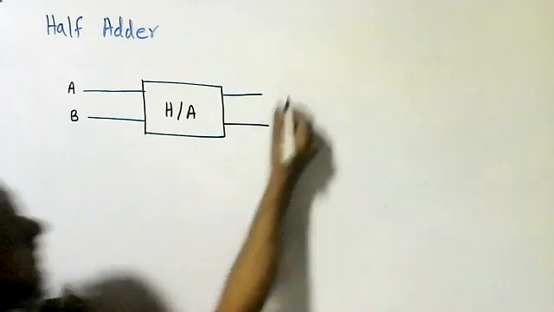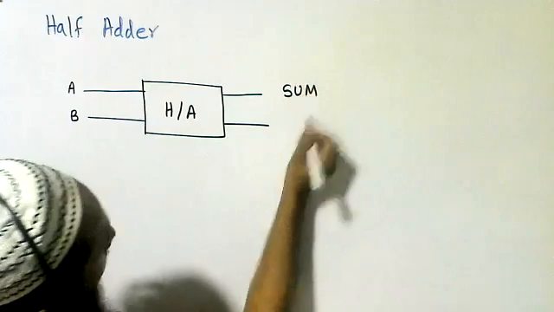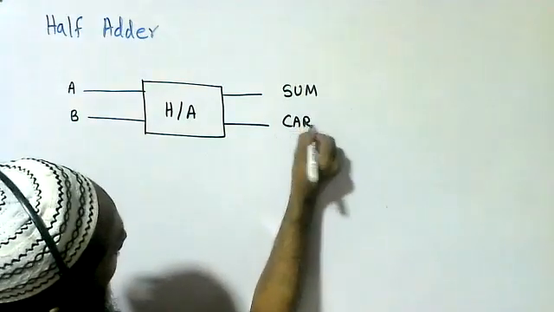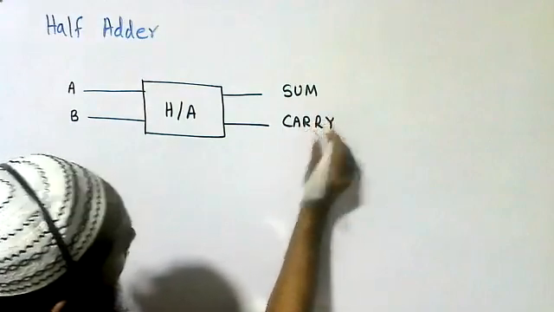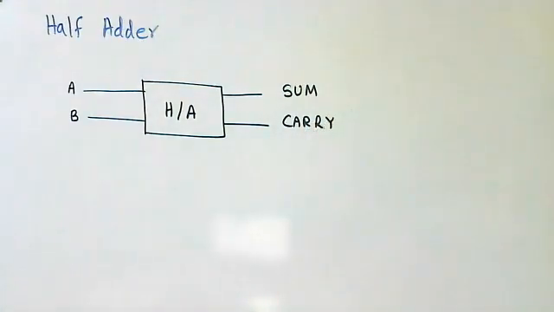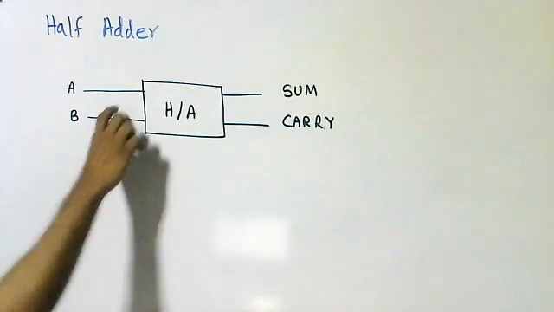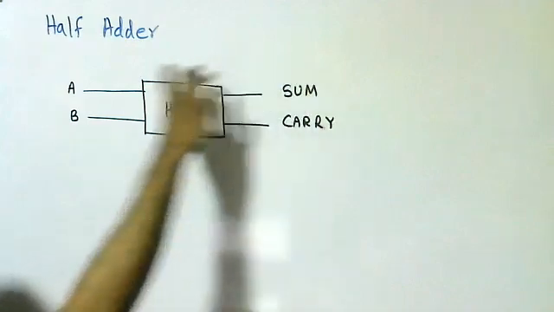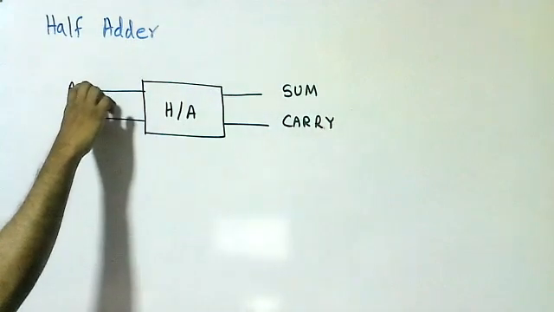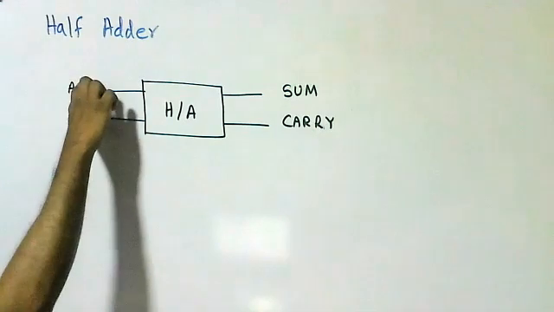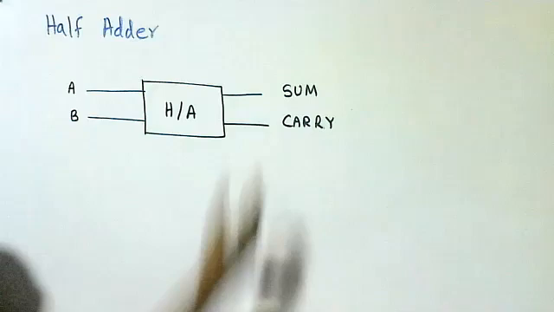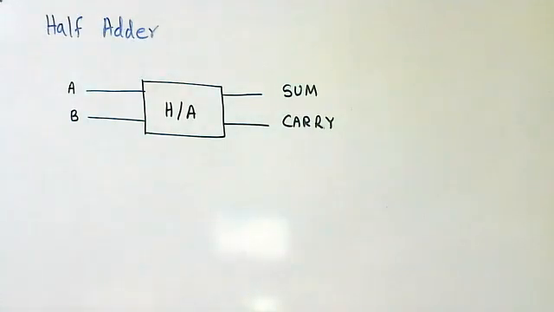One is called sum, and the other one is called carry. This is the basic structure of a half adder. So two inputs, two outputs. The two inputs should be two single bits. To add two single bits in the CPU, a half adder is used. So the outputs are sum and carry.